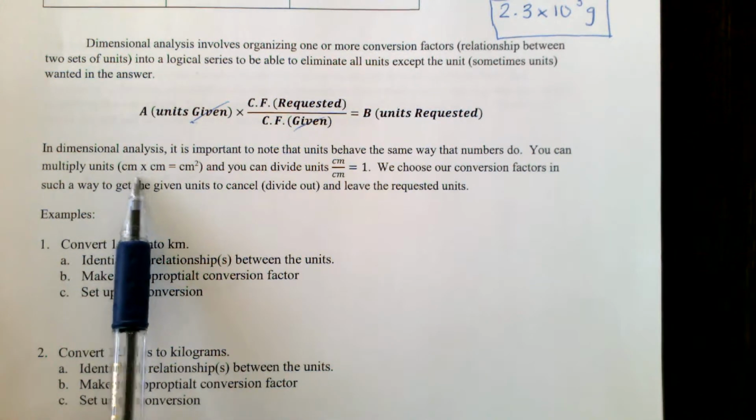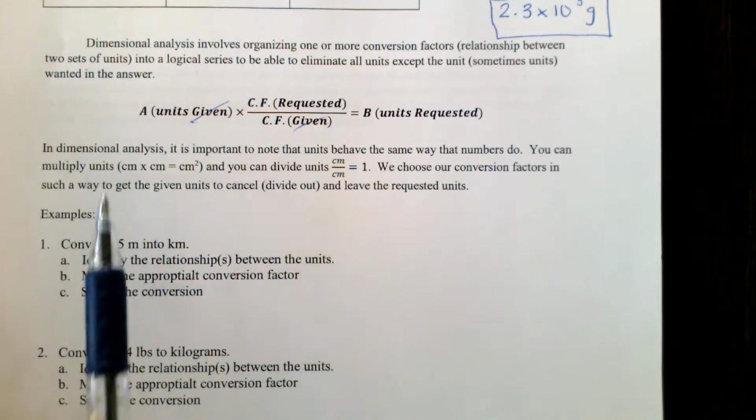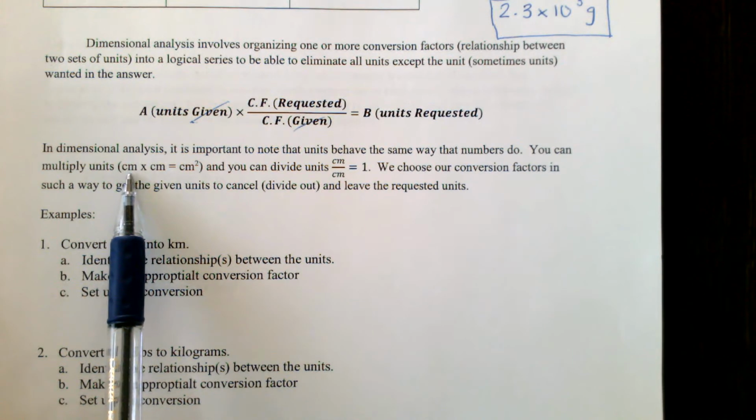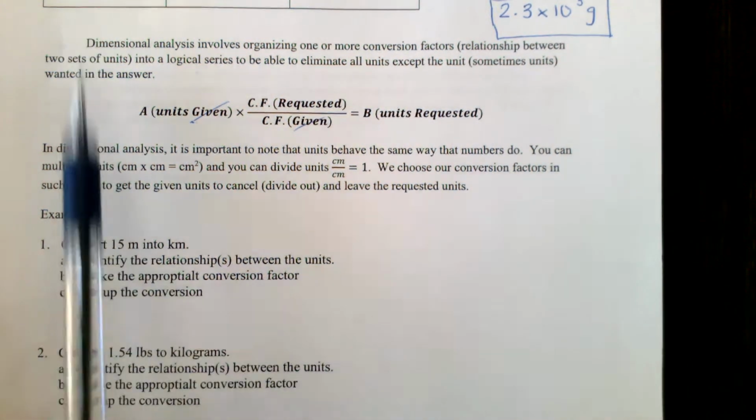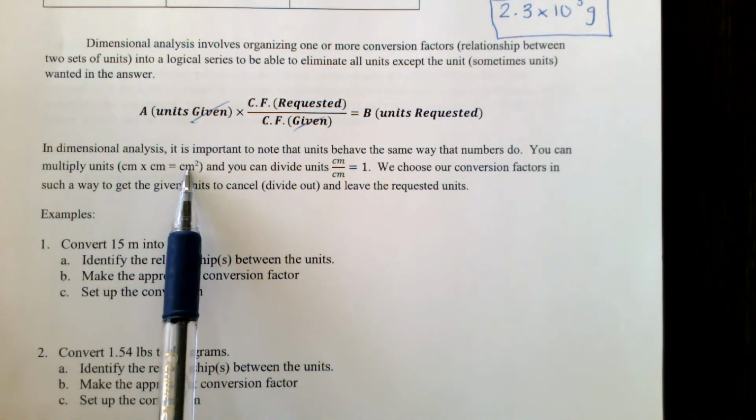We're going to be doing a handful of mathematical operations with units, so here's a quick lesson on what units do when we multiply and divide. There are some cases where we're going to multiply units together. For example, if we had the length of this paper, up and down in centimeters, and the width in centimeters, if we multiplied those two together, we would get centimeters squared.